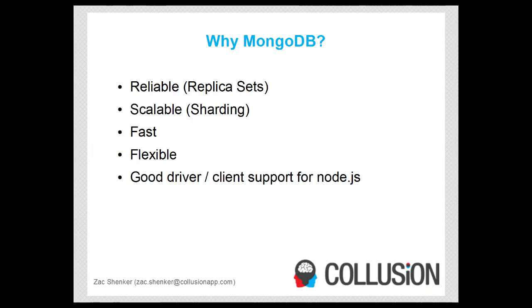When we hit the limits of hardware, we'll look at sharding to be able to split our data onto multiple servers. And I guess getting away from relational systems, we get the very fast read and write access of the documents and the collections. And then also the flexibility in being able to store whatever you want in each of your documents.